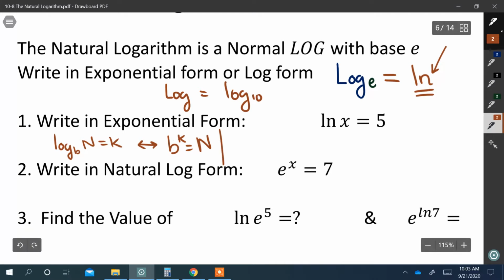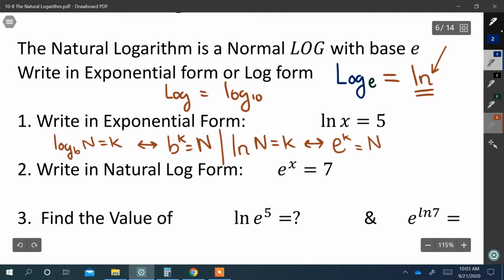Well, how about for the natural log? For the natural log, we already know that the base is e, so we don't really have to write it. So if I have natural log of n is equal to k, then the answer is going to be e to the k is equal to n.